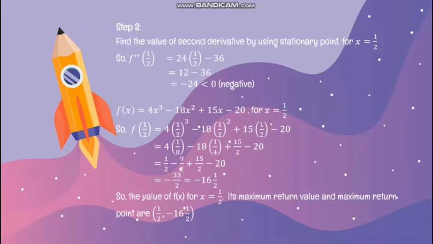Function f(x) equal to 4x cubed minus 18x squared plus 15x minus 20 for x equal to a half.